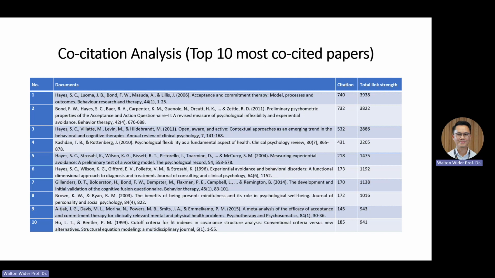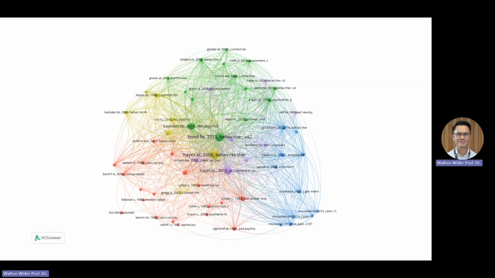You can see that in this table, these are the top 10 co-cited references, and the top 3 were Hayes et al., Bond et al., and also Hayes et al. So we can see that these 3 papers are co-cited the most in this particular field, with the total strength shown in the table.